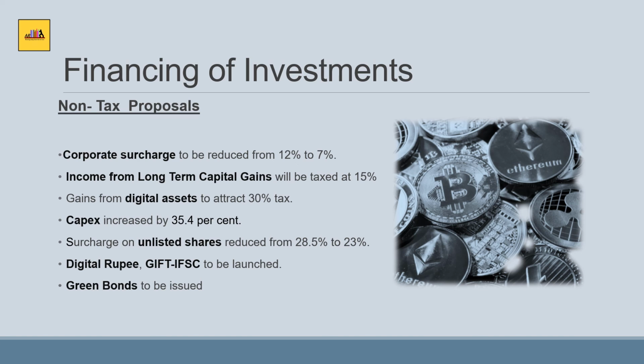It has been announced that the RBI will soon roll out the nation's legal tender virtual currency. Also, the GIFT IFSC would be set up, and an international arbitration center will be established in the GIFT city. Another step towards a cleaner environment, the green bonds will be issued to mobilize resources for green infrastructure.